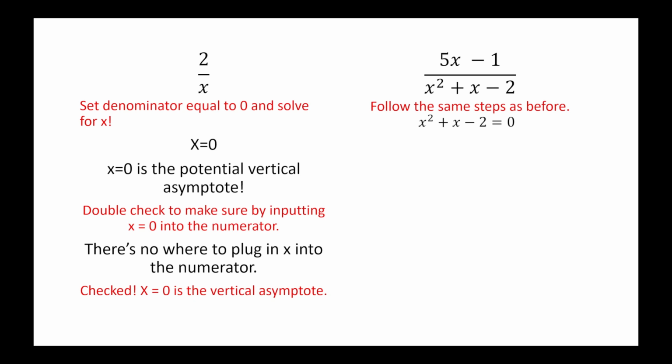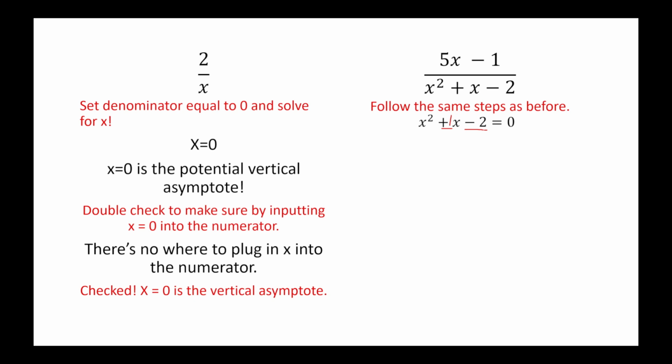If you use the AC method, the method where you find two numbers that add up to the number that's here, in this case 1, but they also have to multiply to -2. Well, think about it.